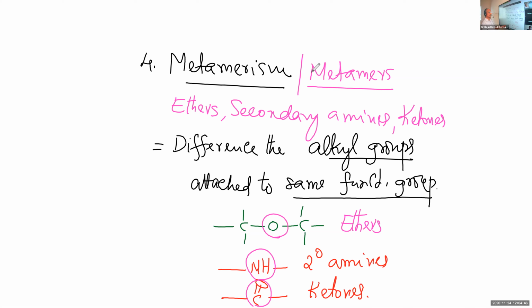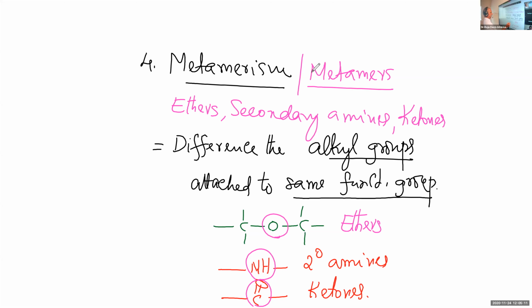In the secondary amines, the functional group is NH. More details, we have to study in the second year. You just keep it as such. To the NH group, the secondary amino group, the alkyl groups attached will be different. And in ketones, there is a CO group, and the groups attached will be different.